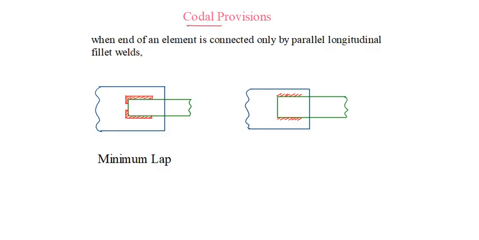A few codal provisions are: when the end of an element is connected by only parallel longitudinal fillet welds, then there should be an end return of 2s provided to the length of the weld, where s is the size of the weld. 2s is called the end return.